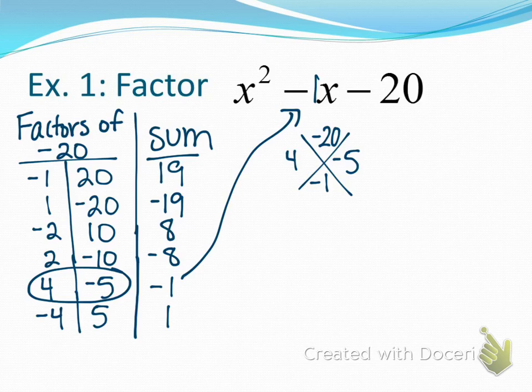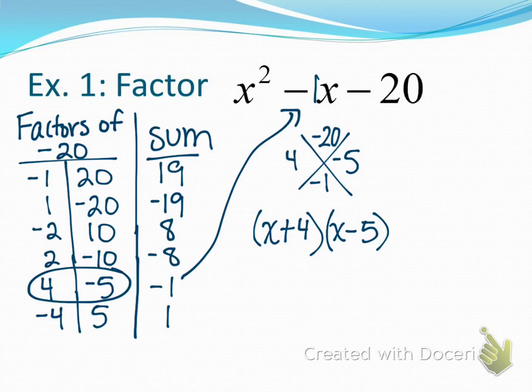Okay? Who thinks they can tell me the answer? Jaquan? Good. In parentheses, we would have x plus 4 because the 4 was positive. And in the other one, we would have x minus 5 because the 5 was negative. Now, I said earlier it doesn't really matter if you put the positive or the negative first.